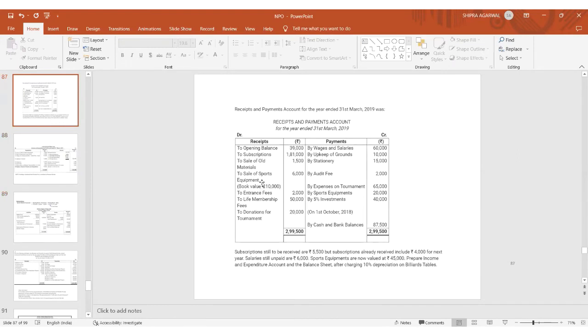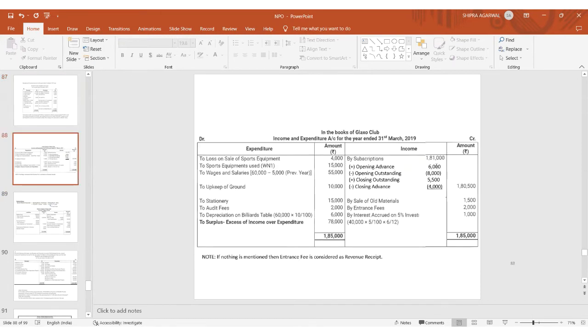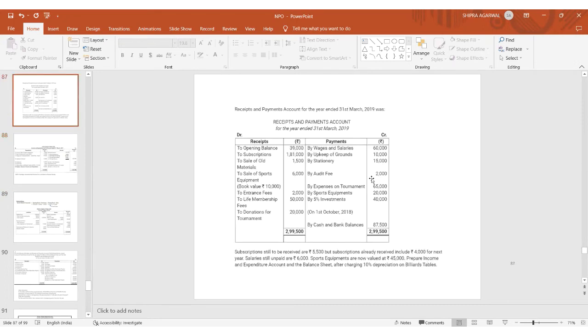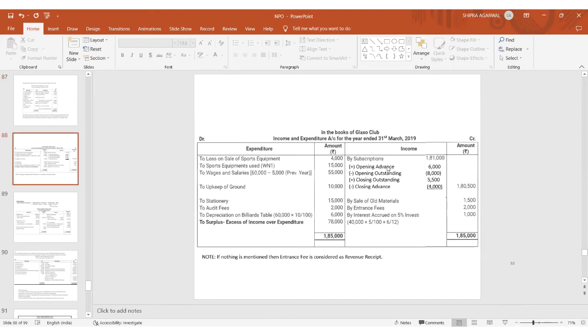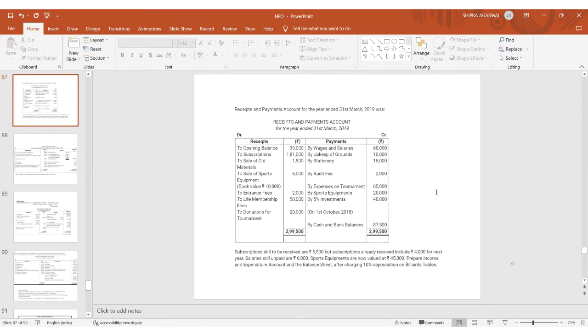Let's just start with it. Subscriptions are given to us as 1,81,000. I start with this point. But with respect to subscriptions, they are also writing subscriptions still to be received are 5,500, but subscription already received include 4,000 for next year. So let's make adjustments for this. That means your closing outstanding that you have not yet received is 5,500, and closing advance, that means the advance that you have received for the next year is 4,000. So that is to be subtracted.